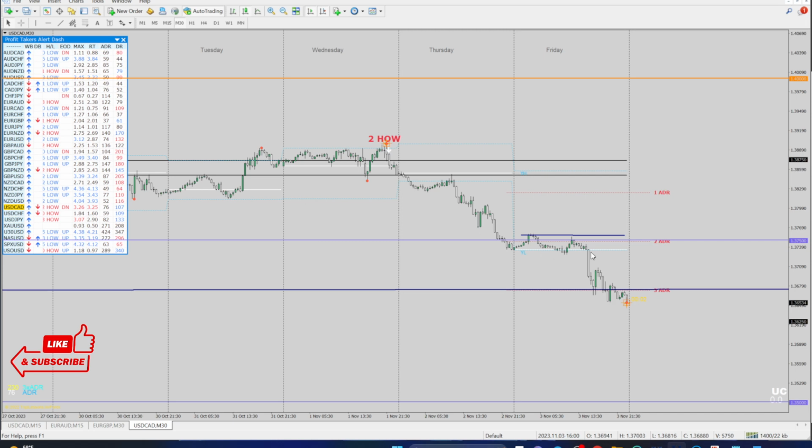Entry was right under yesterday's low. I know I was in here pretty early, 8:30. I took these trades with these news candles right after the news printed. That's when mine executed.